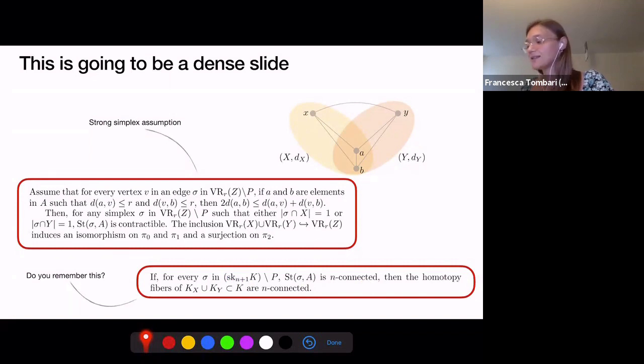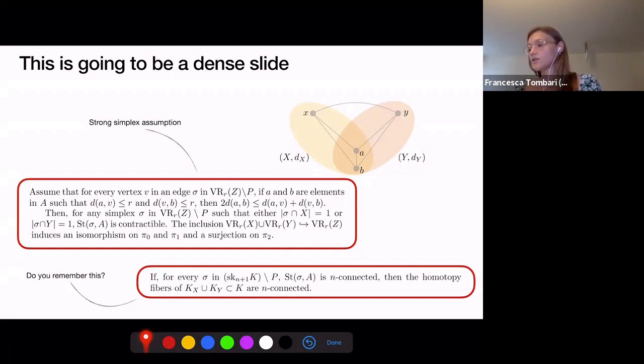And indeed, such two-simplices in K minus P, so in Vietoris-Rips of Z minus P, have exactly this property, that they have one vertex in X or one vertex in Y, for how they are constructed.